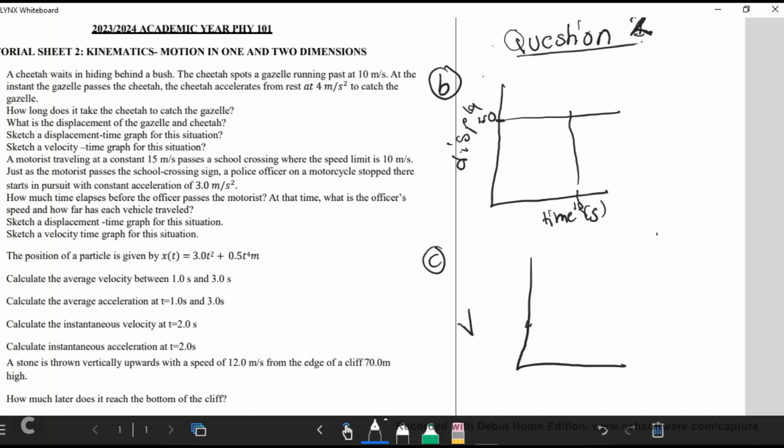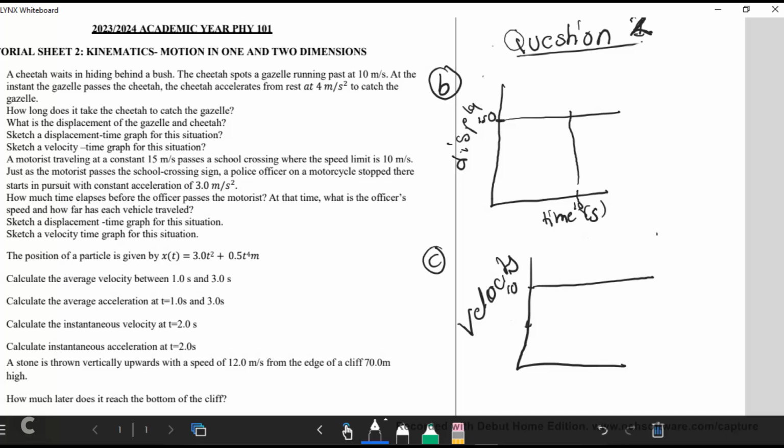Then your C, the velocity time graph. Velocity time graph in this situation. So remember that this motorist was traveling at a constant speed of 10 meters, so meaning here it's supposed to be 10, right? Then you draw something like this.